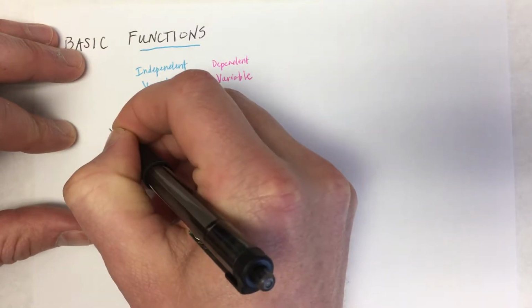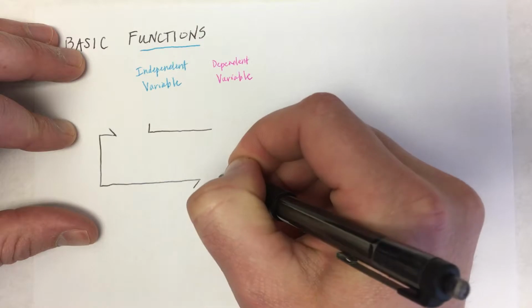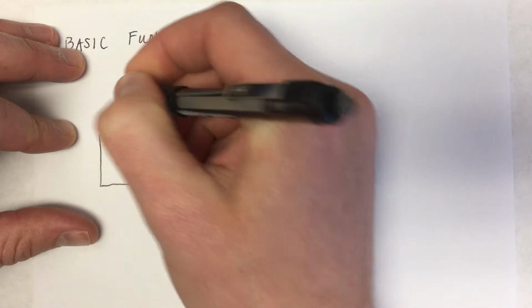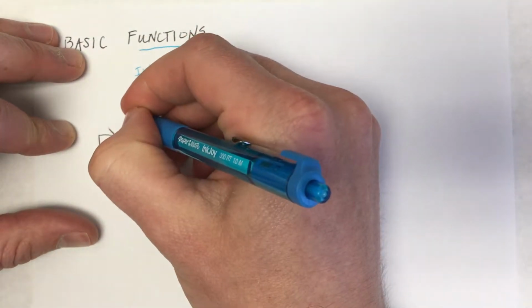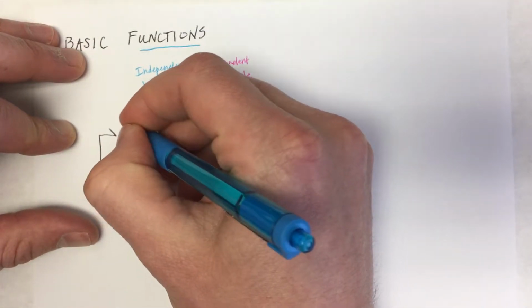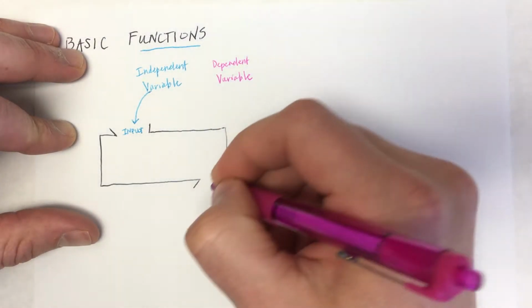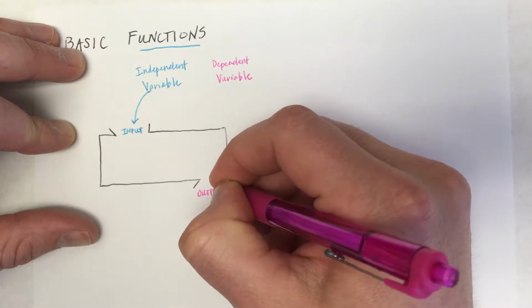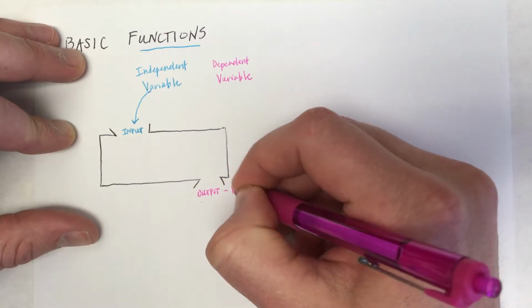And so in would go your independent variable. So a lot of times we call that the input. And the dependent variable comes out. So this is your output. And your dependent variable.